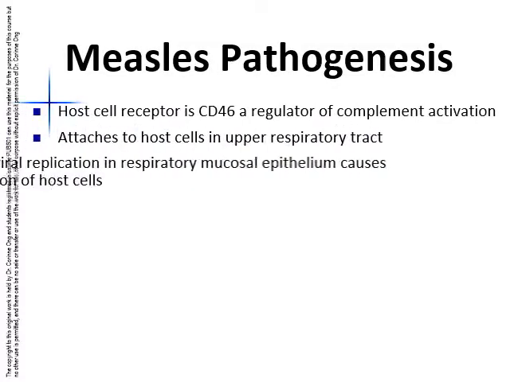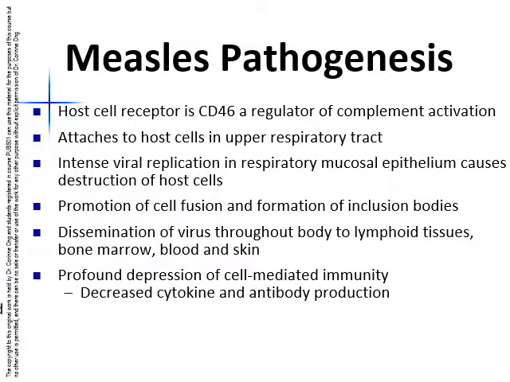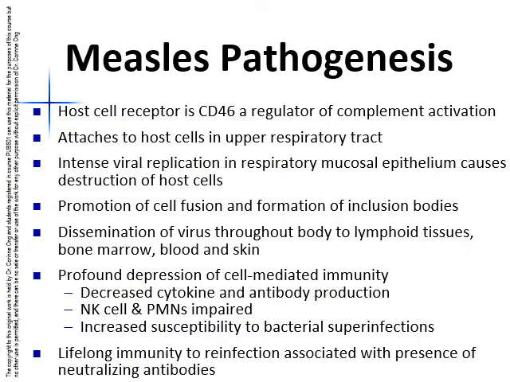The host cell receptor for the measles virus is CD46, which is a cell surface marker that also functions as a regulator of complement activation in host immune responses. The virus attaches to host cells in the upper respiratory tract and replicates intensely in the respiratory mucosal epithelium, causing destruction of host cells. Cell fusion and formation of inclusion bodies occur.